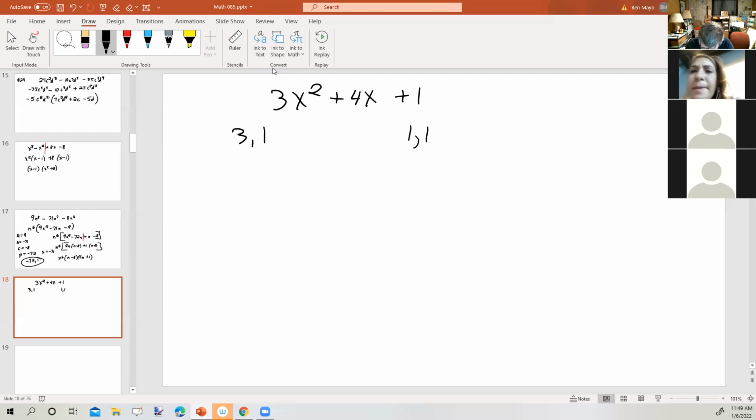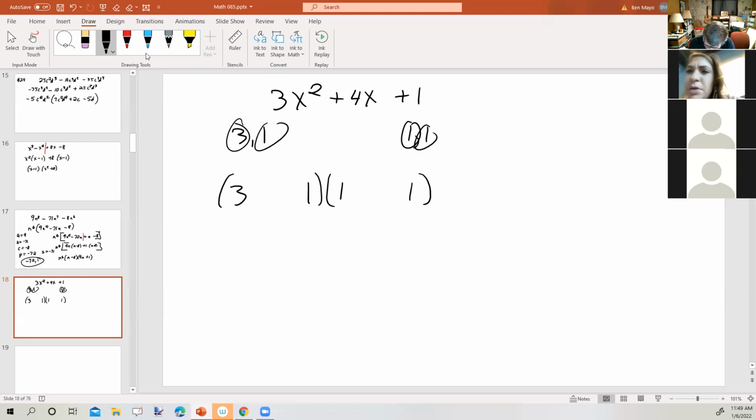Now what I do is form all the possible binomial pairs using one of these in front and the other in front, and one of these at the end and the other at the end. Now, this is x and this is x, and this is plus and this is plus.